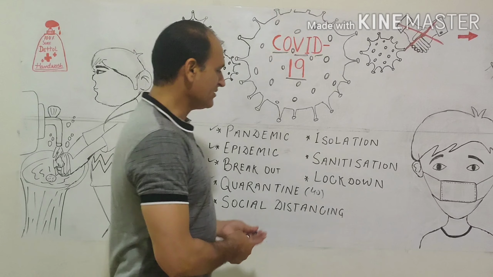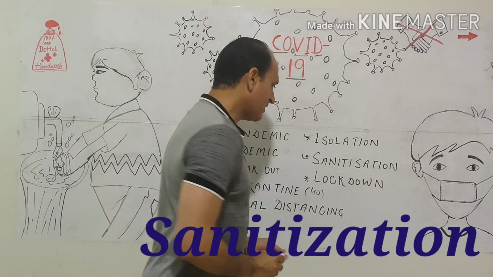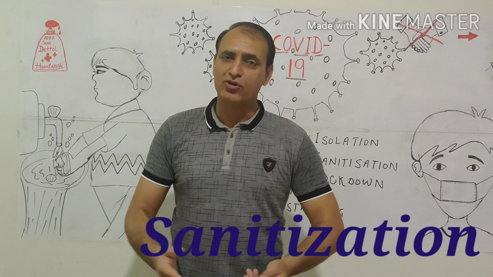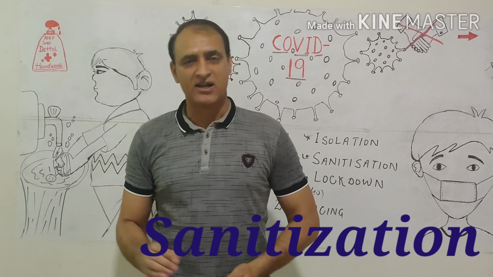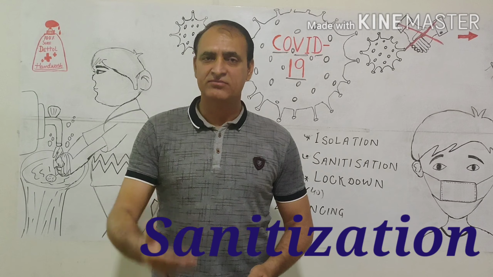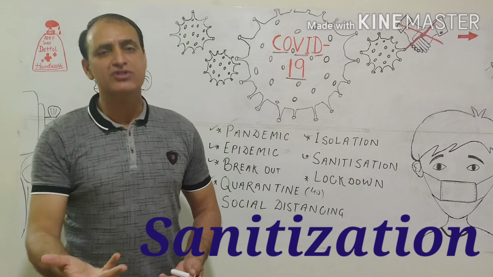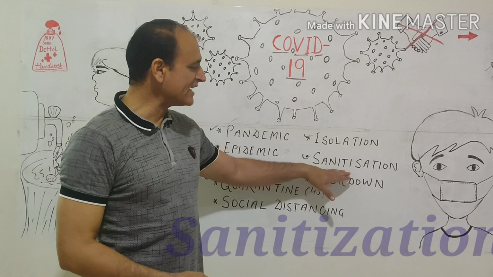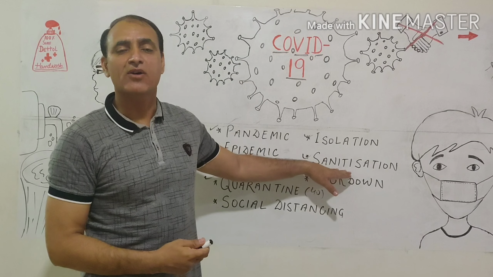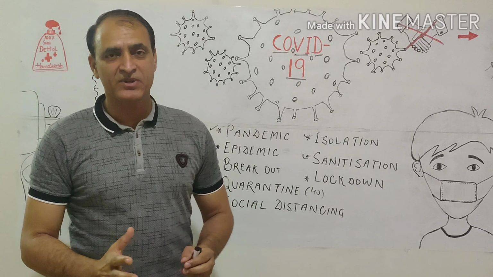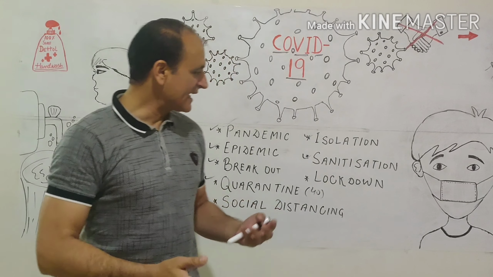Next one is sanitization. It is a very common word. We know that there is no vaccine so far for corona, only a few steps are there which, if we use, we can fight against the coronavirus. Otherwise, obviously, we'll lose this battle and war. Sanitization is one of those steps and methods in which we keep washing our hands with sanitizers.